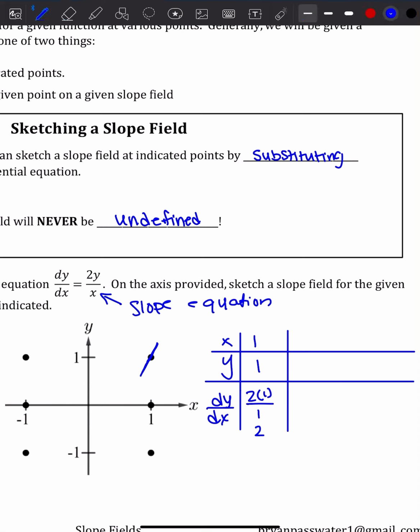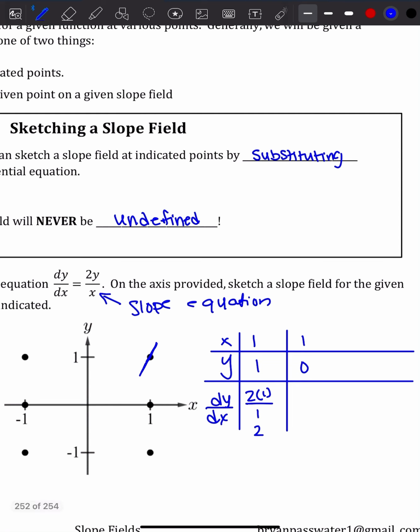Okay, so our next point is any of the other ones. So I have 1, 0: 2 times 0 over 1, which is going to equal 0. So I'm going to put in my horizontal slope here.